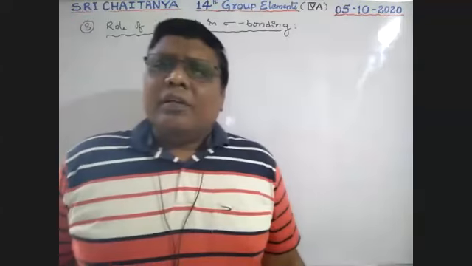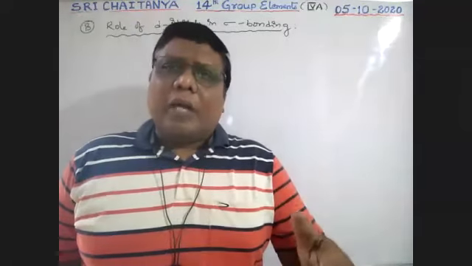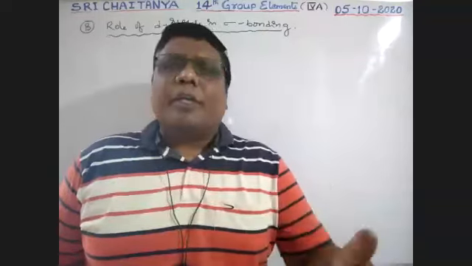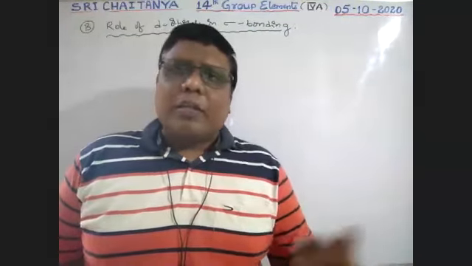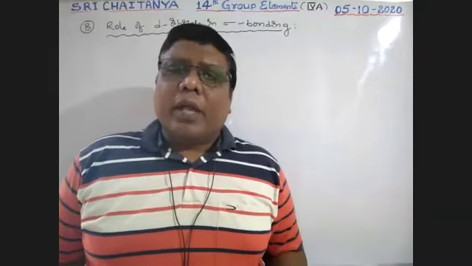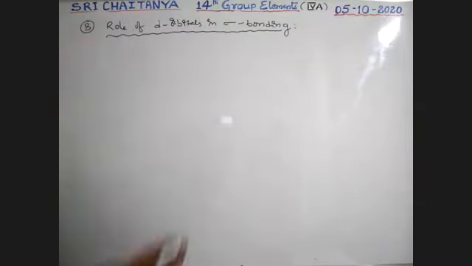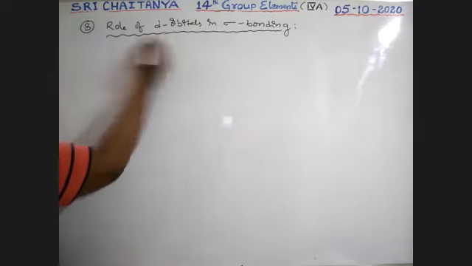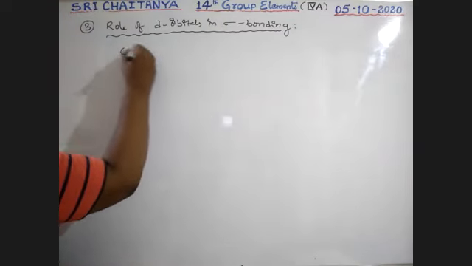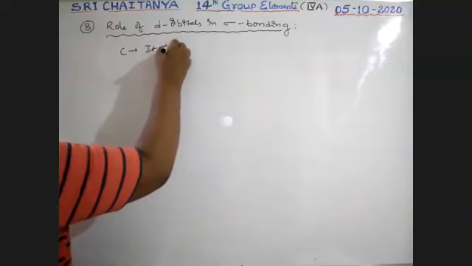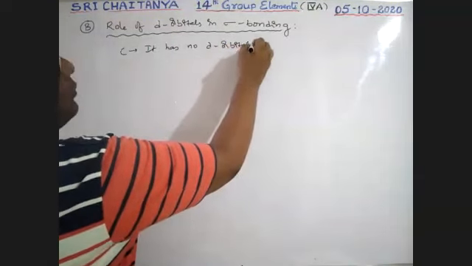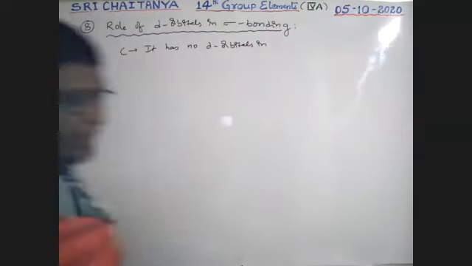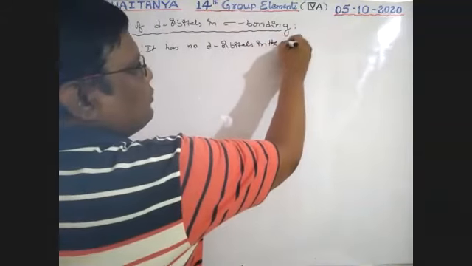If d orbitals are involved in bond formation, there must be at least one d orbital available for bonds. But carbon has no d orbitals in the outermost orbit. So that is carbon, it has no d orbitals in the outermost orbit.